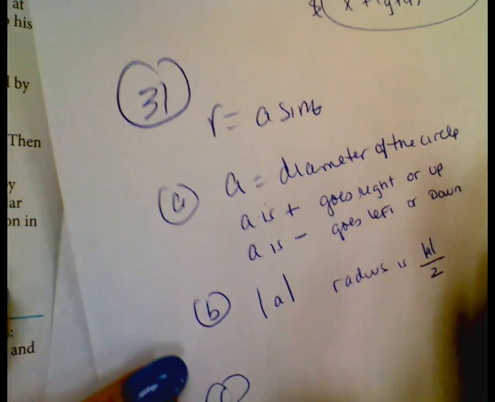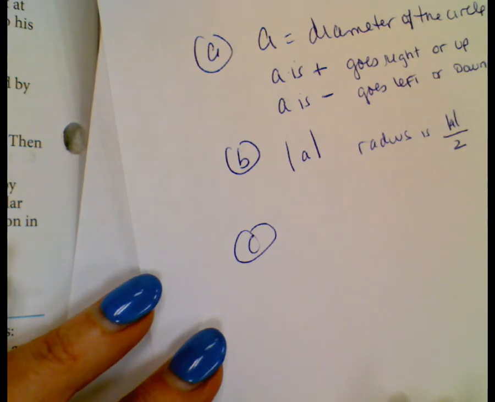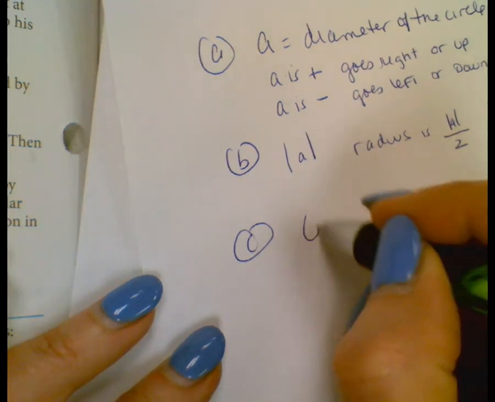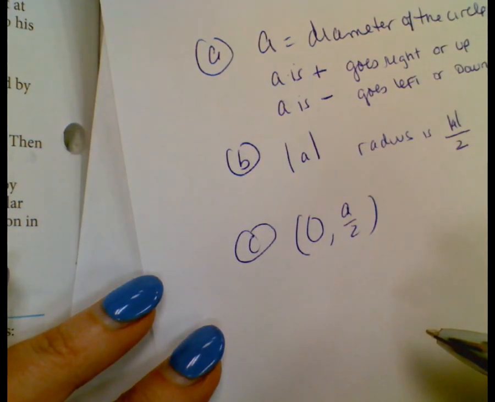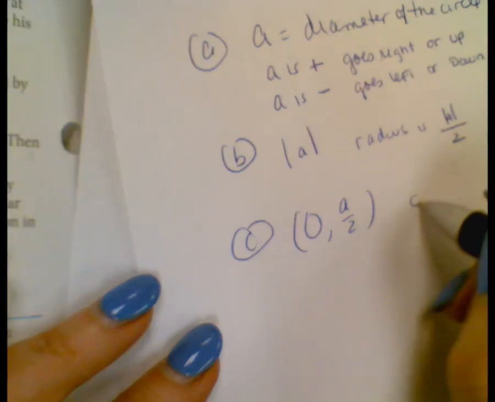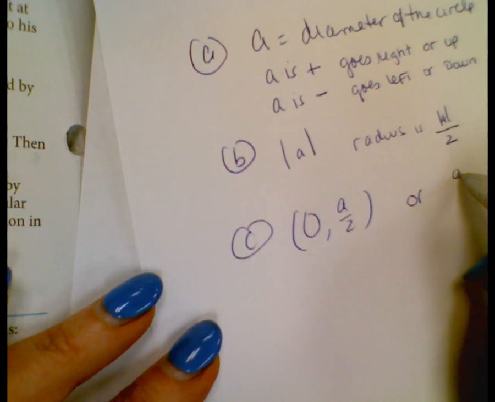Okay, so I would just say 0 and a/2 would be your center. Or that's if it's on the y-axis, and if it's on the x-axis, it'd be a/2, 0.